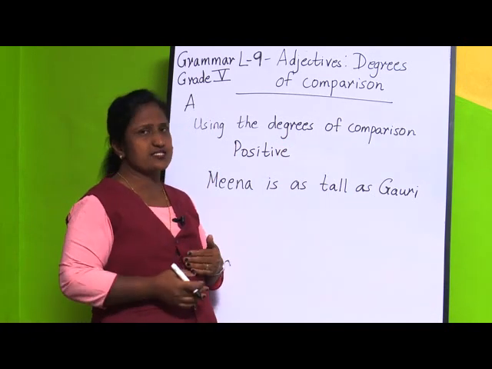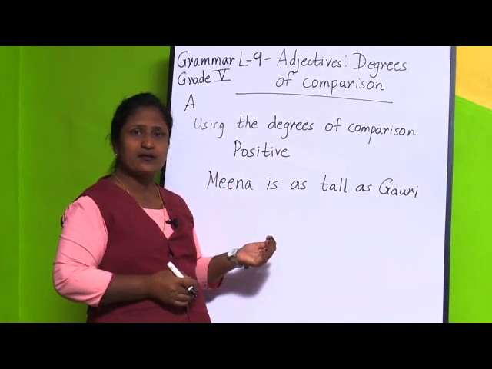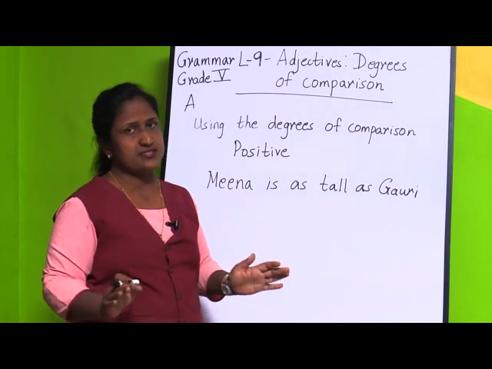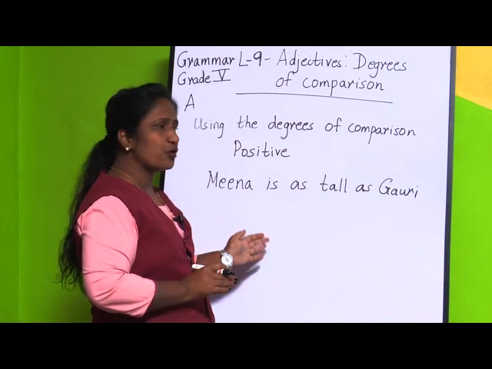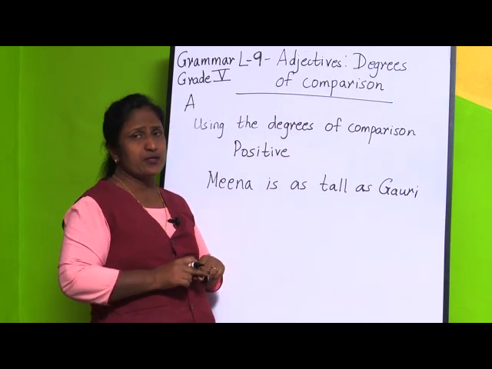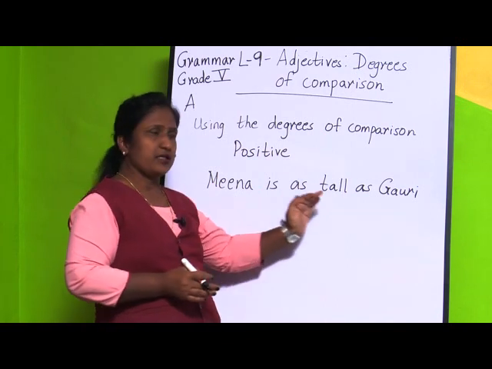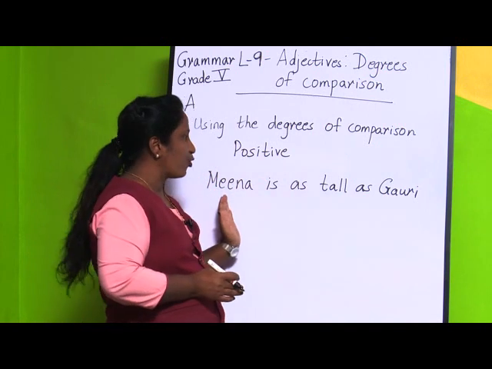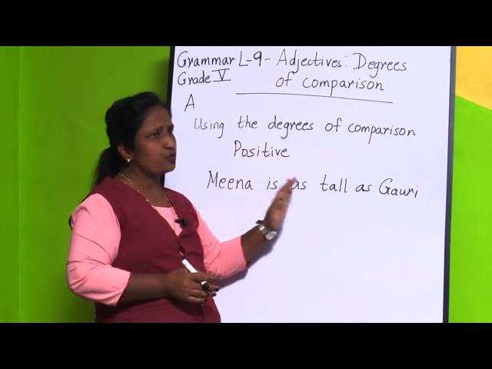Actually, what we have learned is that in positive degree there is no comparison, but here we show that both persons or things are equal. Meena is as tall as Gauri means both are the same, both are tall.